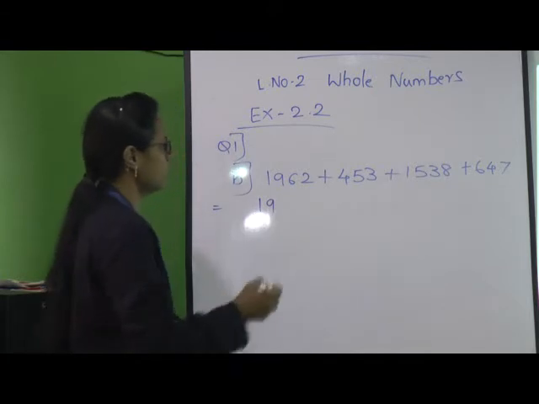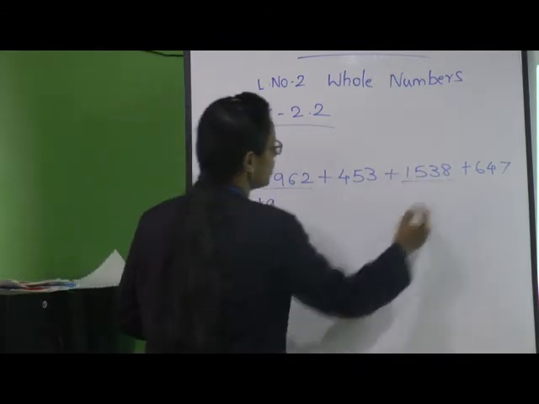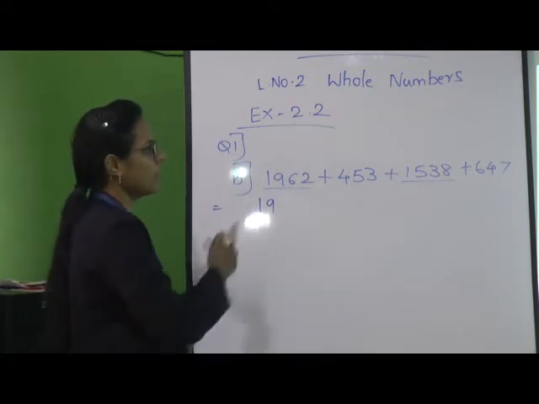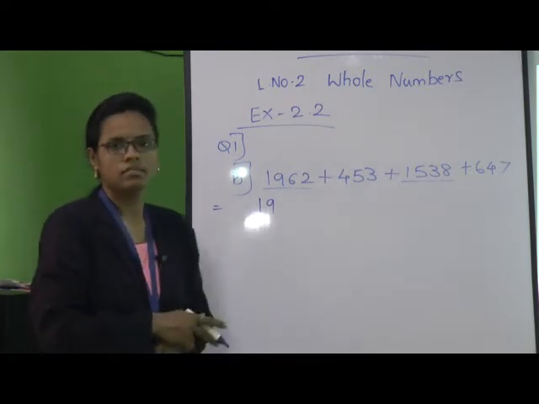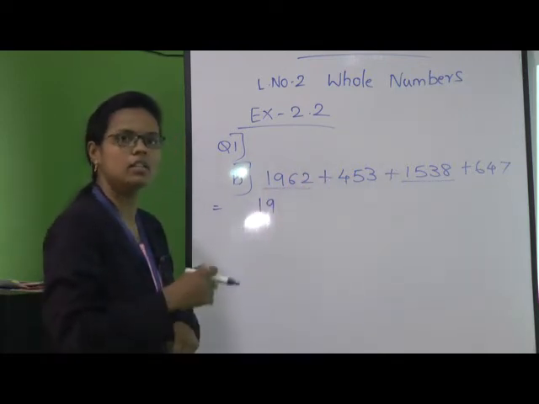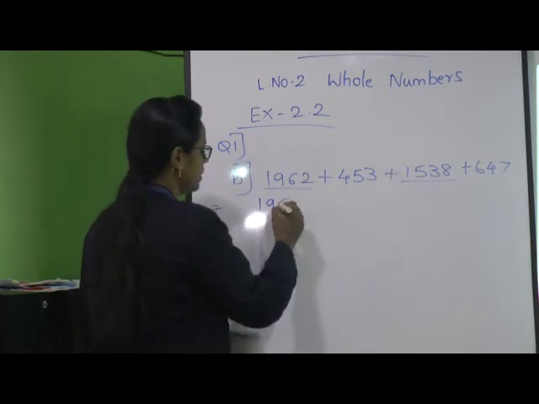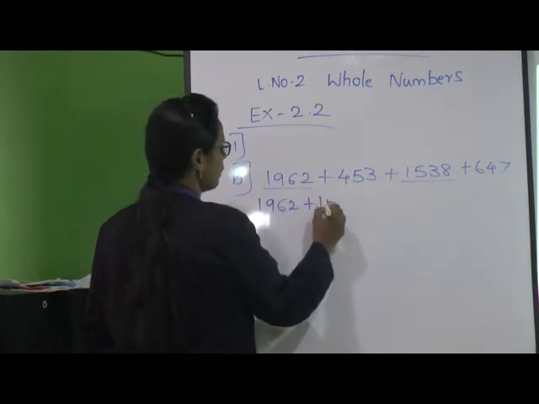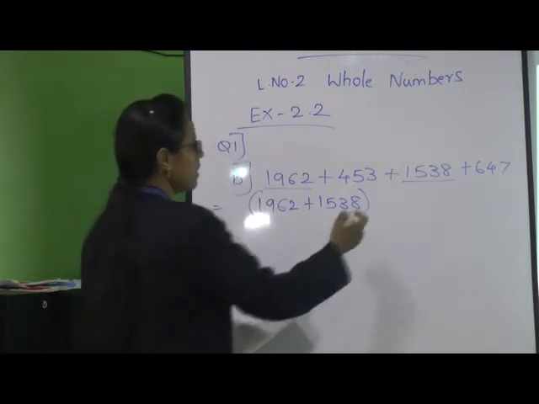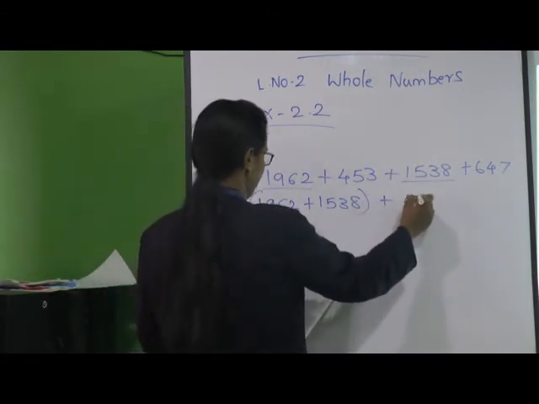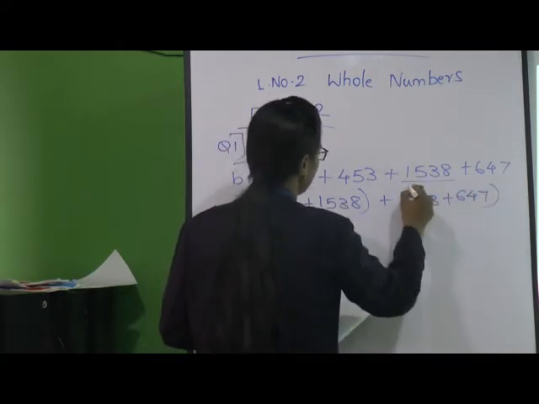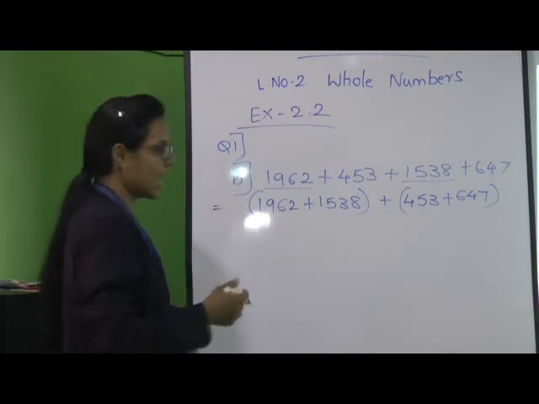1962. Now see students, this is the 4-digit number and the remaining 2 are 3-digit numbers. In this way we can add it. So let us take first 4-digit number and then we'll add the 3-digit number. 1962 plus 1538, which comes in one bracket, which is of 4 digits, and the other 453 plus 647 will come in other bracket, which is of 3 digits. Let us add this.